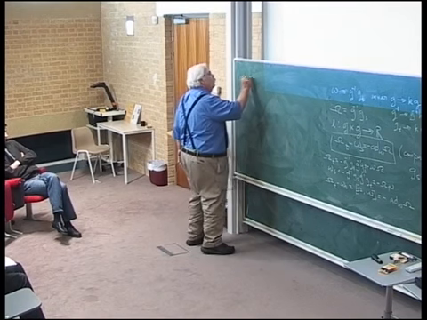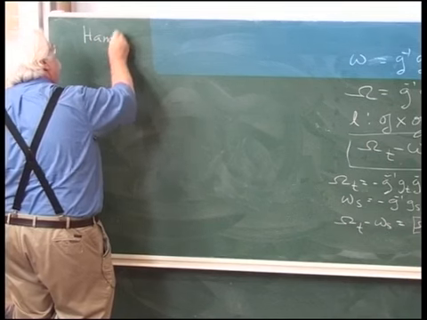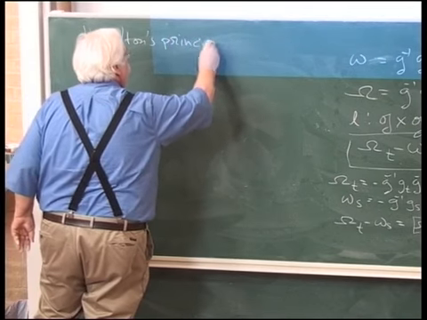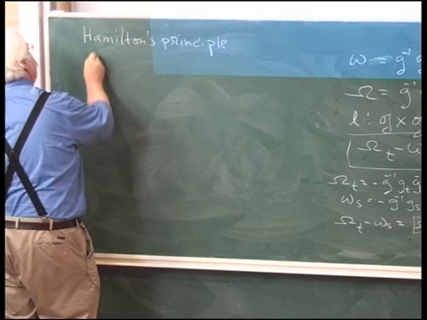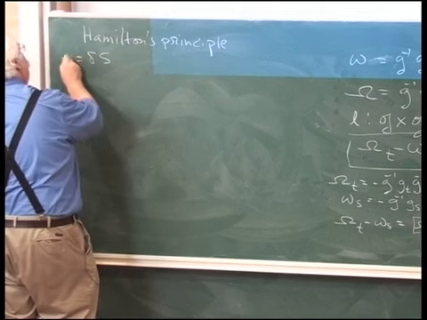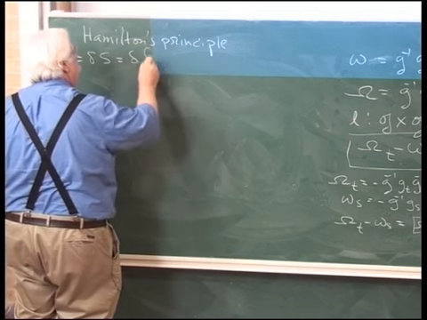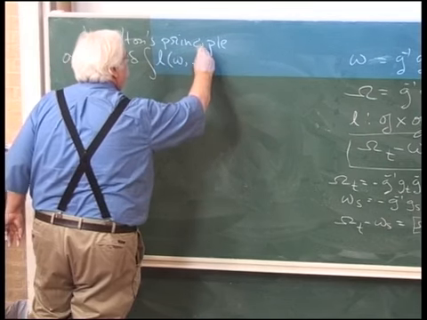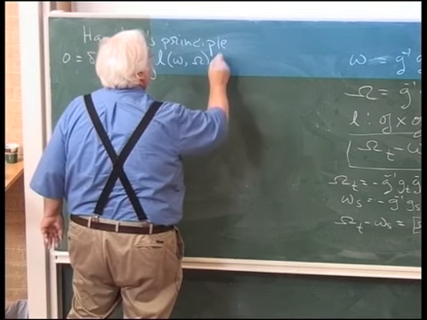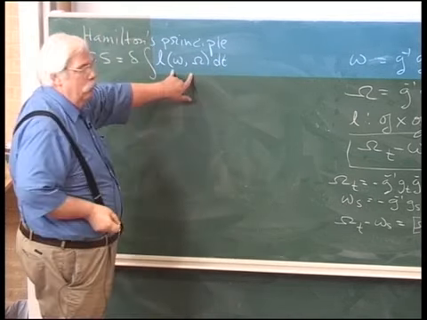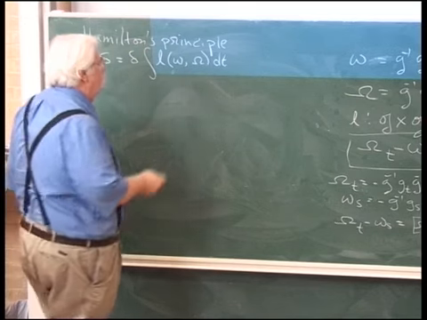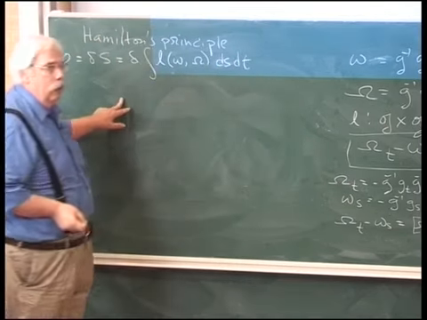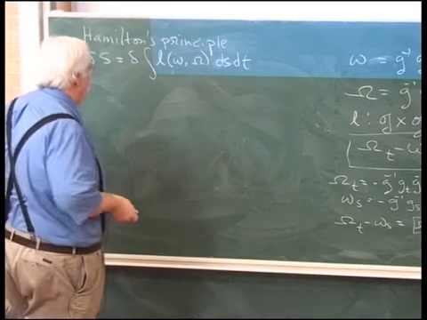The physics will come from Hamilton's principle, which is variation of s is 0, and s is the integral of the Lagrangian depending on omega, big omega, dt, and I'm going to write it as the Lagrangian density, ds dt, so that I can take integrations by parts easily.